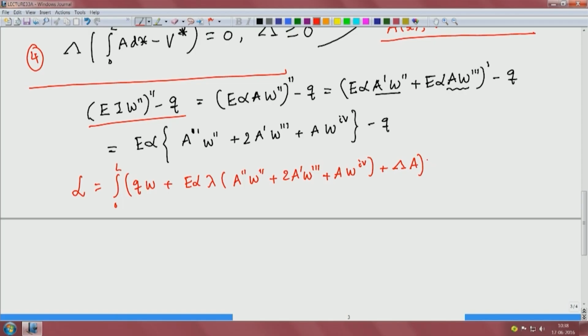Let me use a different bracket because we already have that bracket. Let me use this curly bracket, dx minus lambda v star.